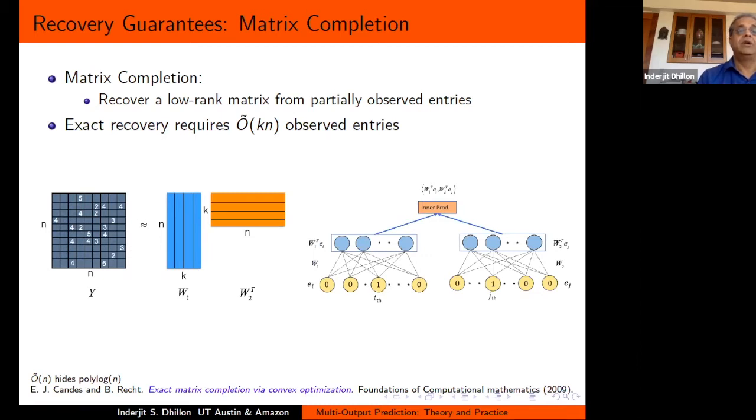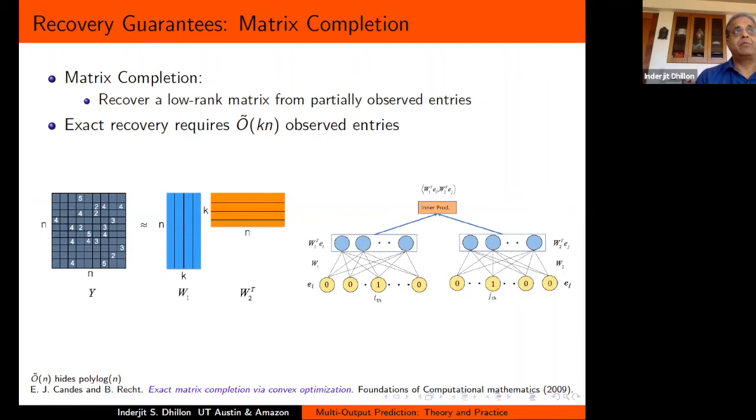How many values do you need to be able to recover the ground truth? So in some beautiful theory, Candes and Tao, and then Candes and Recht, showed that you only need to observe order k-tilde n entries, where we've ignored polylog terms in k and n.